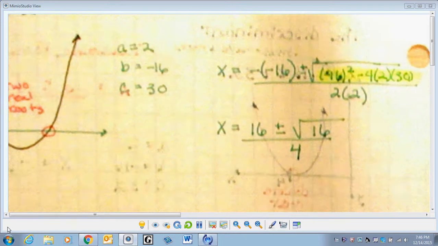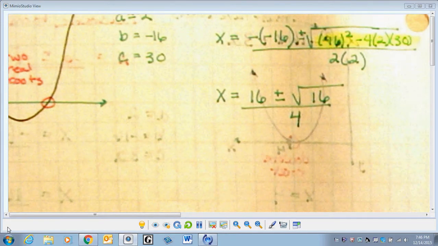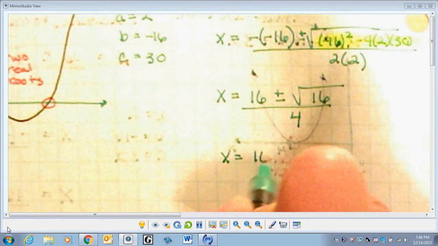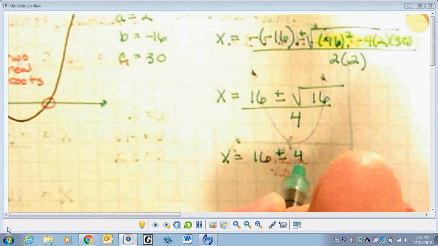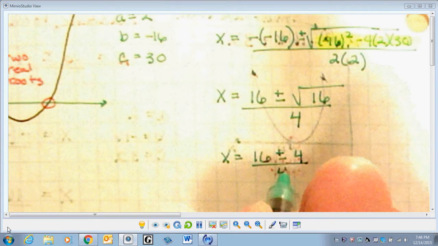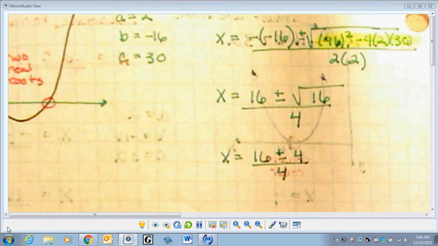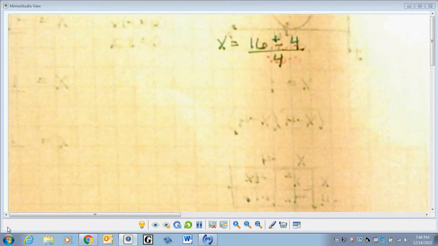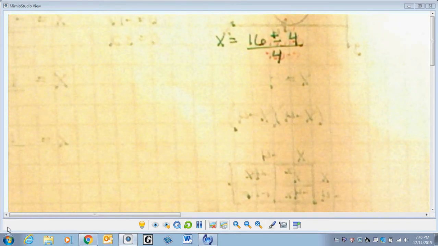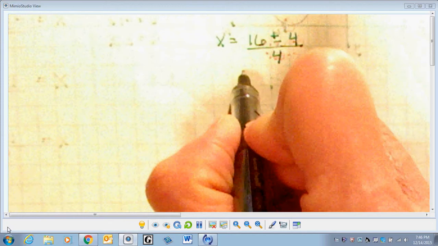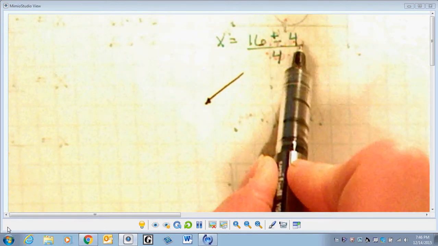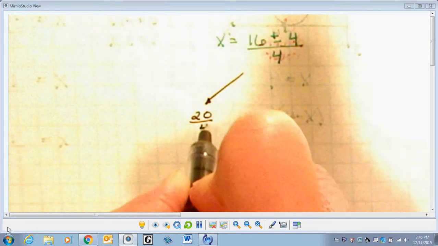Okay, so what does that mean? Let's simplify this. So this is x is equal to 16 plus or minus 4 all over 4. So we've got 2 roots that we can take. So that's 16 plus 4, which is 20, divided by 4.